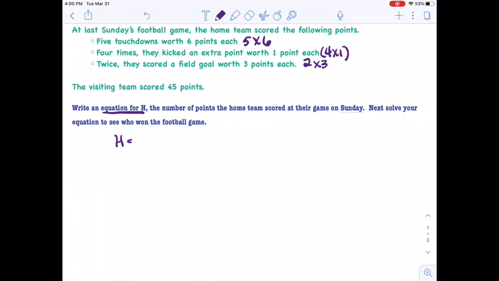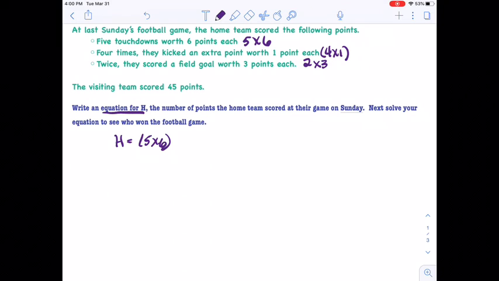So now we need to put all of this information into an equation. So remember, when we need to solve one part of an equation first, what do we do? We put it in parentheses. So the first thing we need to do is multiply 5 times 6. So we're going to put that in parentheses, 5 times 6.